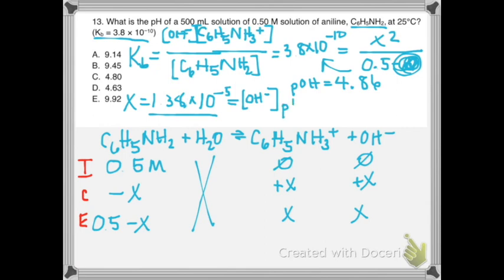We know that pH then will be equal to 14 minus the 4.86, thus making it 9.14, which is A. Okay, so with a weak base, you can still ice it out. Just don't forget when you're writing your reaction to include water. Okay, that's how you get the balanced reaction with the hydroxide.